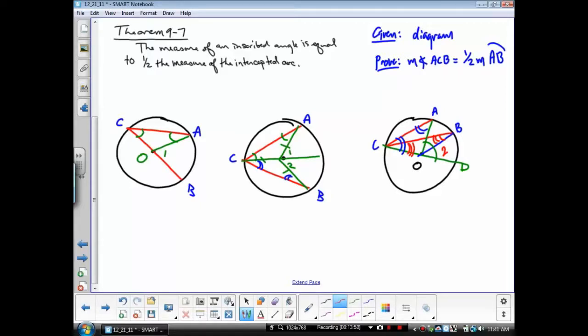So angle 2 is angle BOD. It's just that piece. Okay. So on this one it's harder because we have to work with subtraction of angles, but we can get there.